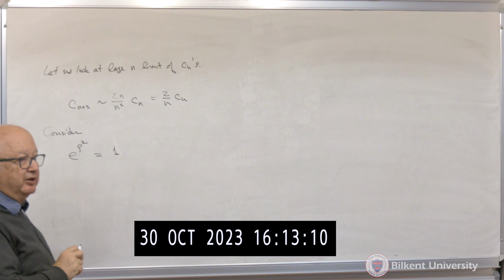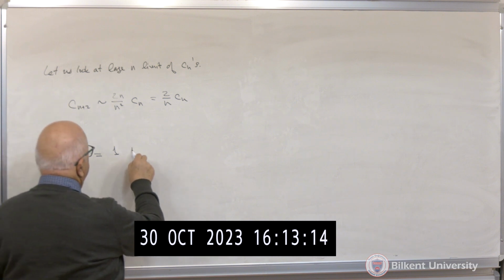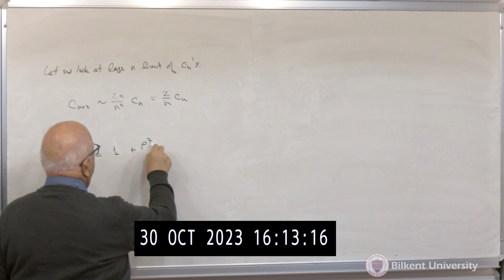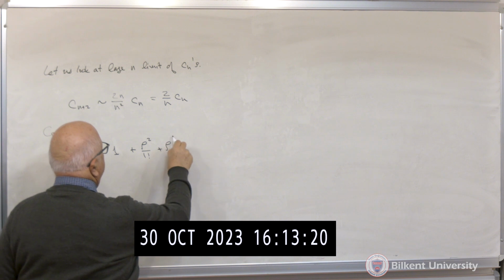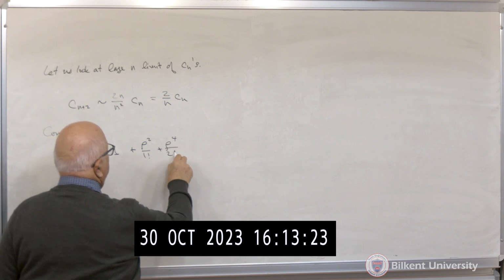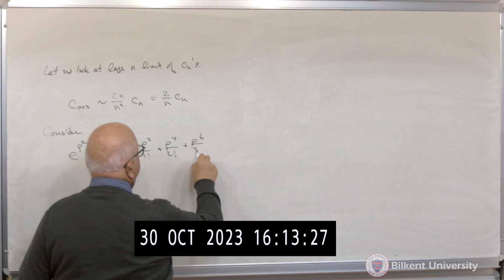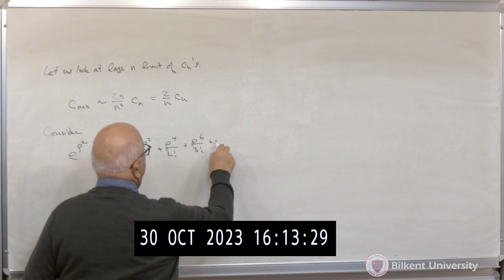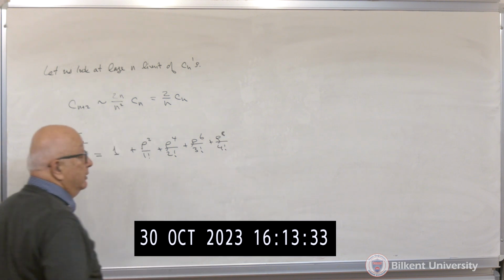If I make a Taylor expansion, I know that I'm going to get 1 plus rho squared over 1 factorial plus rho to the 4 over 2 factorial plus rho to the 6 over 3 factorial, and so on. Rho to the 8 over 4 factorial and so on.